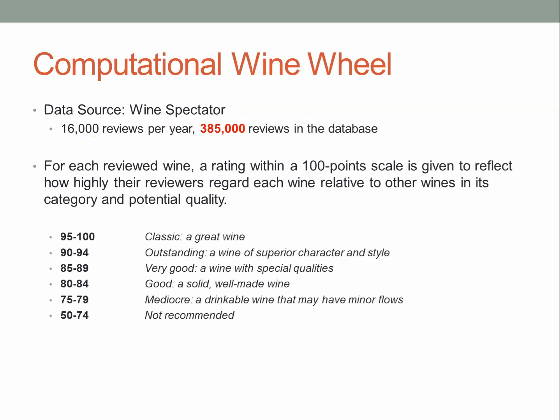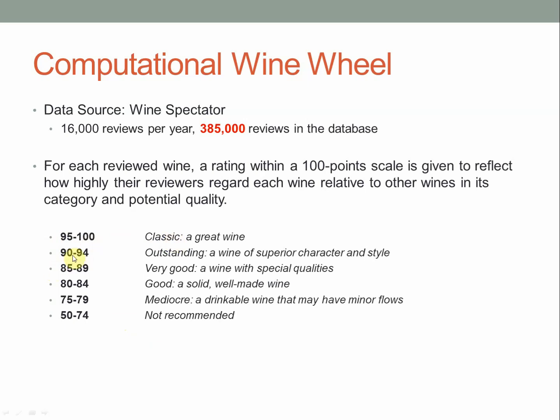For the wines that are reviewed, they not only provide the sensory reviews, but also a score to summarize and give a verdict on the wine. If the wine receives a score between 95 and 100, it is considered classic, indicating it is a great wine.